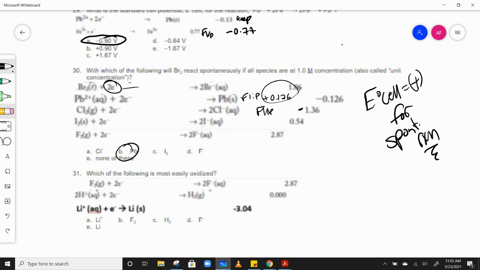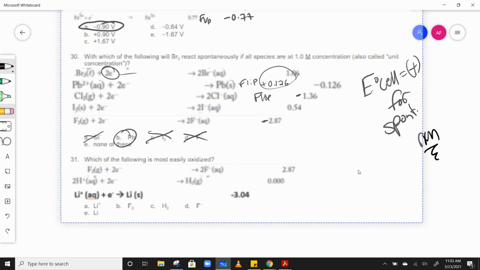Negative 1.36 and 1.06 is negative 0.3, so that one can't be it. I2 wouldn't even work because I2 and Br2 both want to be reduced, so it won't do that at all. And then F minus, if you flip this one, it becomes negative, and that becomes negative, so that one doesn't work either. Okay.